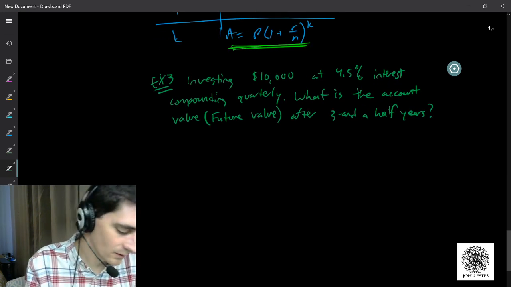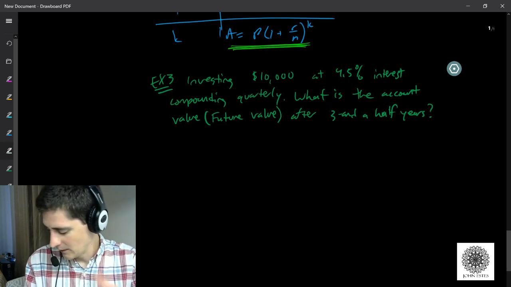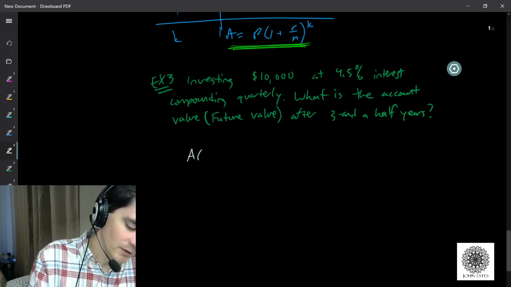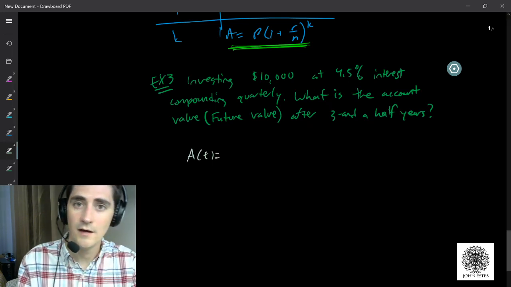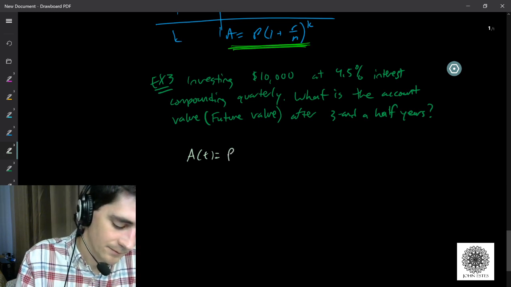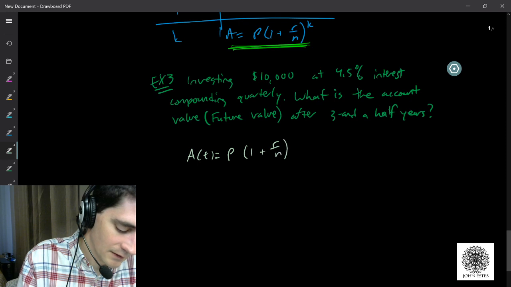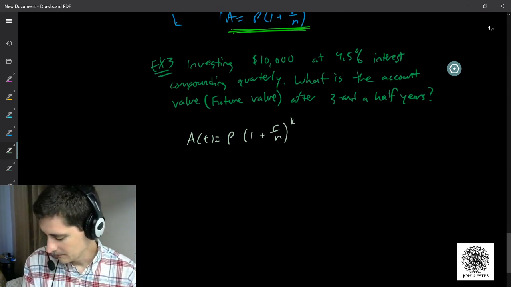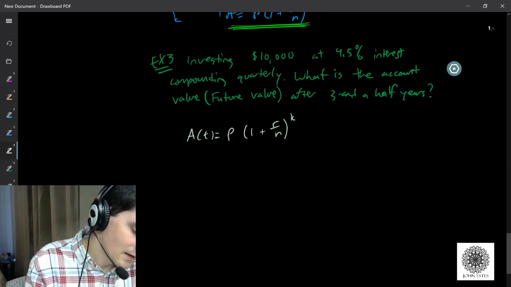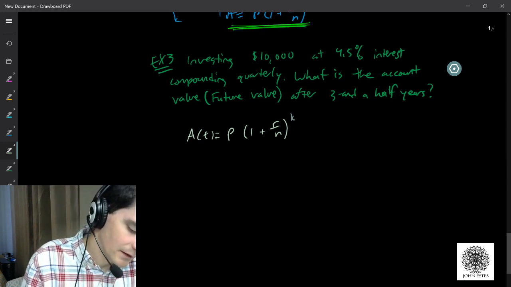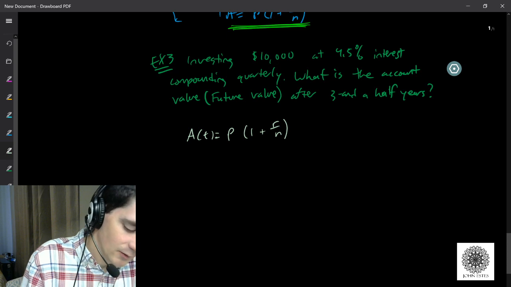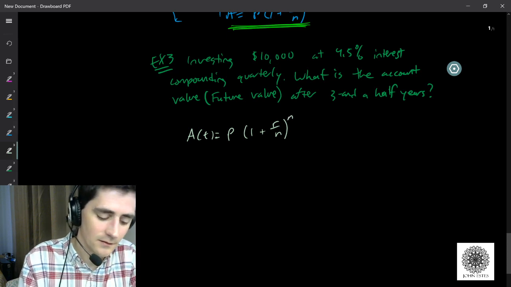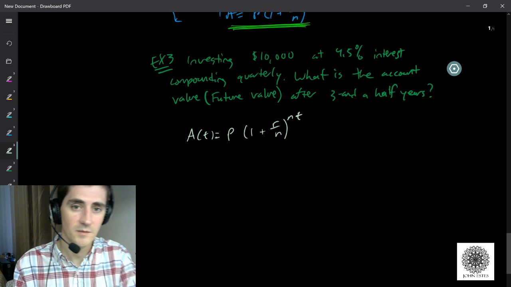All right, so all we're doing here is applying this formula, a sub t, the future value, a represents future value here, p, which is my initial investment, times r over n to the k power, okay? And here k gets replaced with the number of times we compound it times the number of years it's been invested.